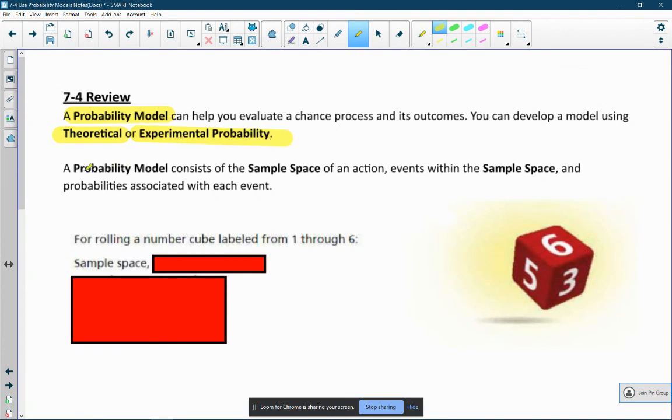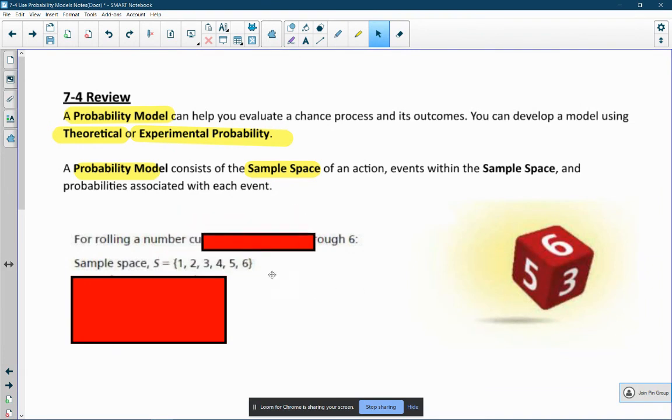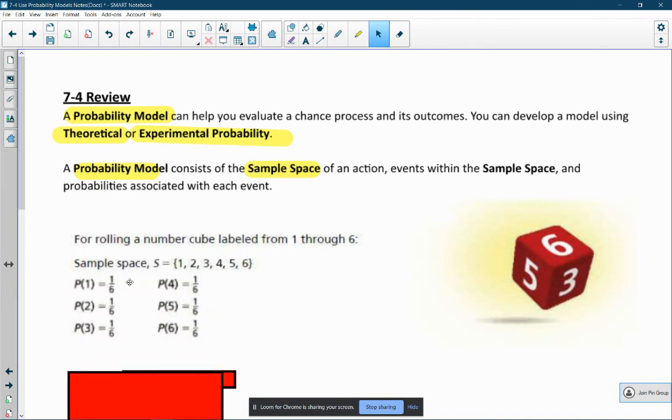And remember, a probability model consists of a sample space, which is basically all of the outcomes, and events listed with their probability. So one last little review item, we have a dice cube, with sides 1 through 6, so what's the sample space? You can get a 1, a 2, 3, 4, 5, and 6. And what are the chances? Well, it's all just 1 out of 6. So we've listed all of the different outcomes and their probabilities.